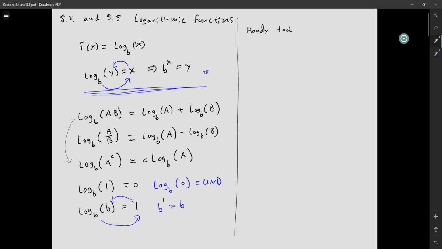We have a few standard logarithms, namely the natural log and log base 10, and also log base 2. So a handy tool is the change of base formula.